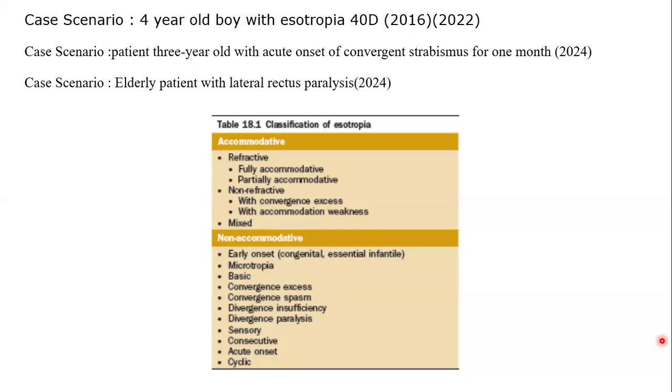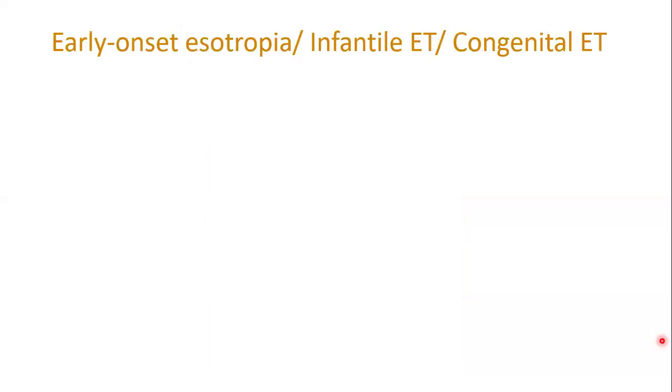Then we have other types like divergence insufficiency, divergence paralysis, sensory esotropia, consecutive esotropia, acute onset esotropia, and cyclic esotropia. Okay. Early onset esotropia, can anyone quickly give me the features of infantile esotropia?